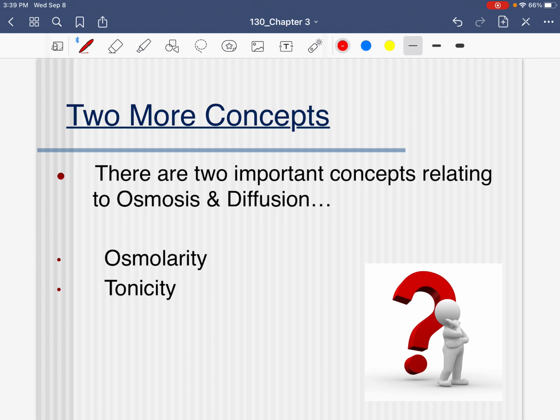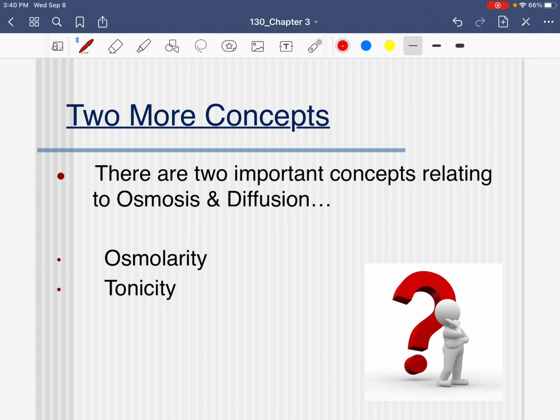Through the plasma membrane. And we've completed our discussion on how we move things through the plasma membrane passively. We can rely on diffusion and osmosis to move things into and out of the cell through the plasma membrane from high to low concentration passively through a semi-permeable membrane.